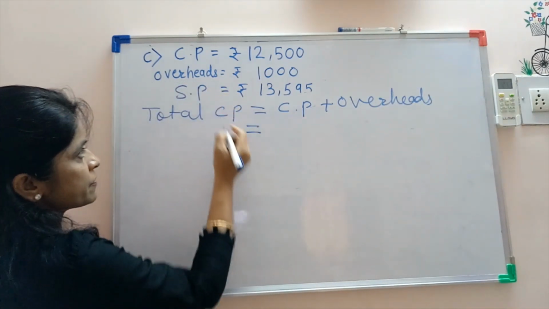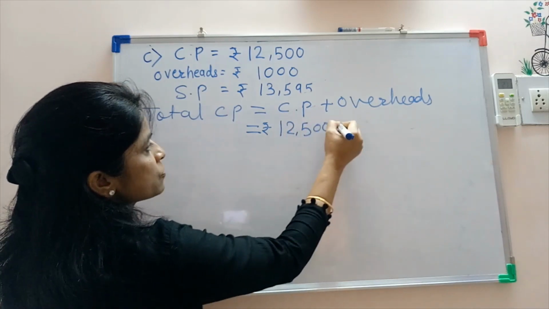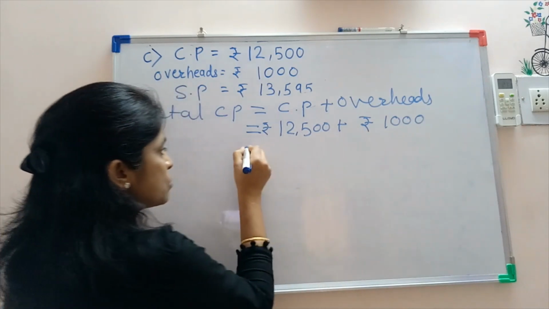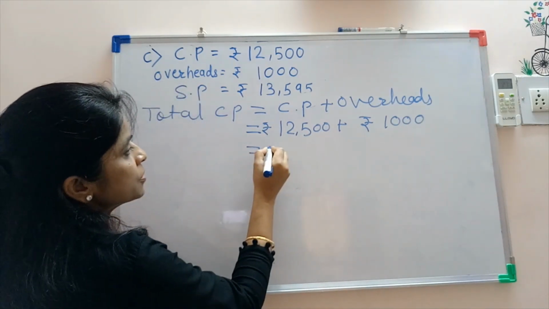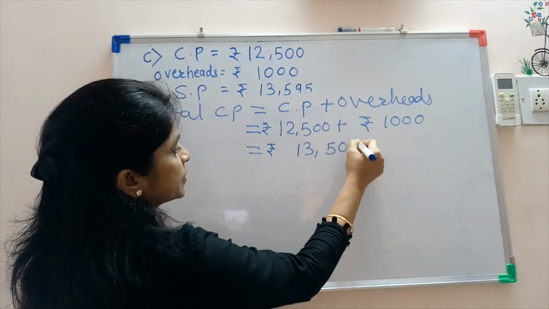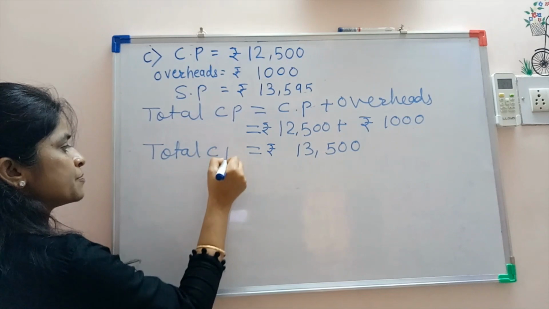CP is rupees 12,500 plus overheads rupees 1,000. So addition is rupees 13,500. This is nothing but the total CP.